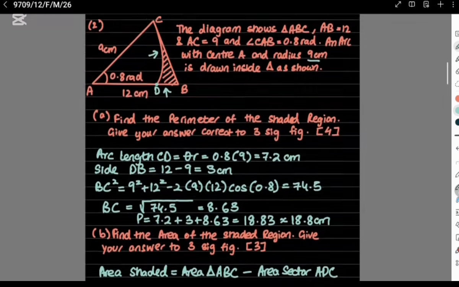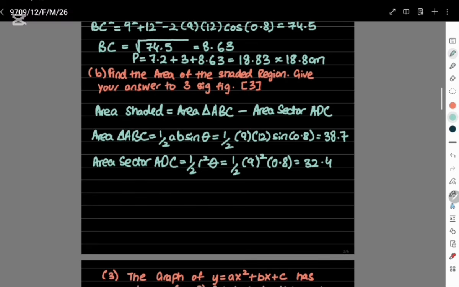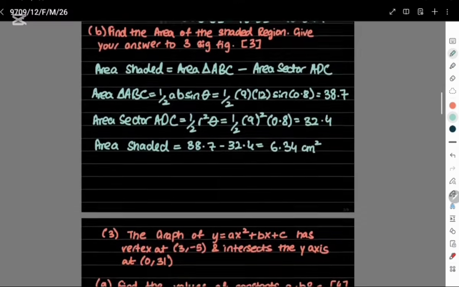Surprisingly, that's actually 38.7. Yes, 38.7. So area shaded is simply 38.7 minus 32.4, which gives you 6.34 centimeters squared.